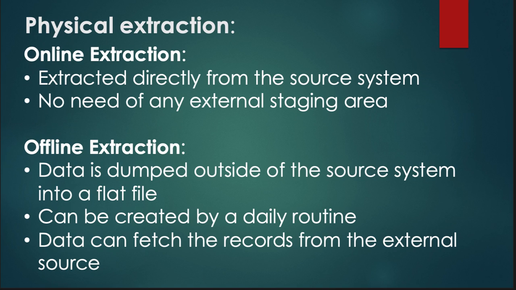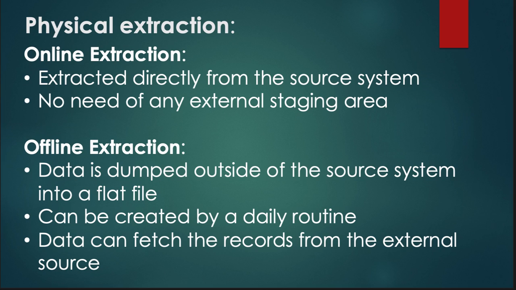Next, we have physical extraction, which includes online extraction, where data is extracted directly from the source system. The extraction process connects to the source system and extracts the source data, here directly from the source at the staging area. That's why it's called online extraction.